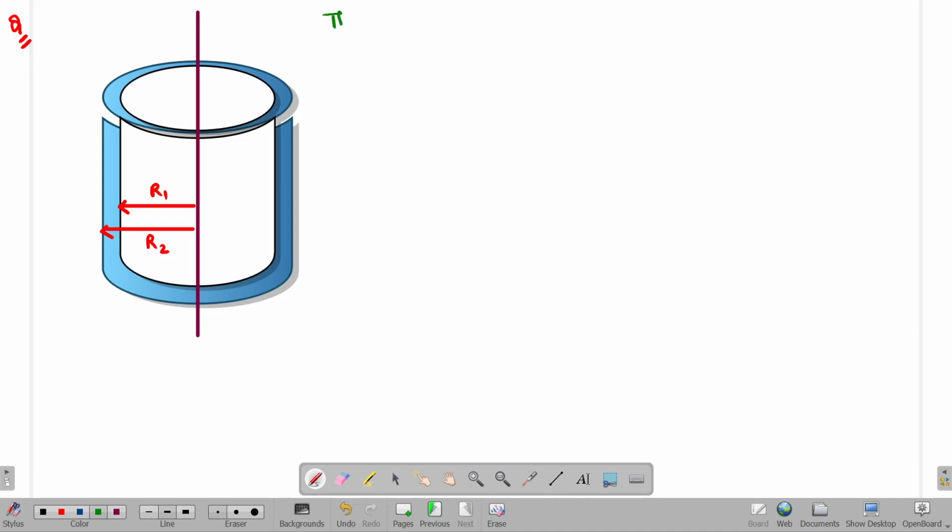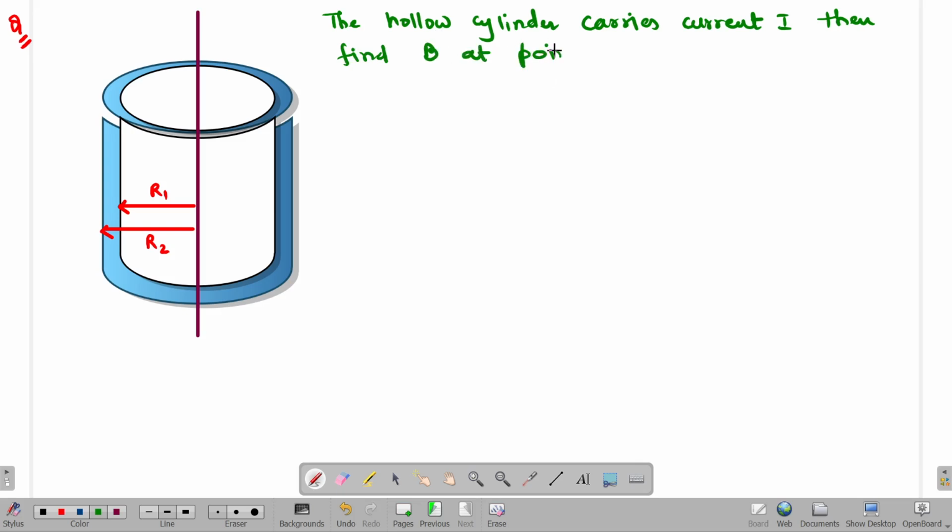The hollow cylinder carries current I. Then find the magnetic field at point P in the first case when r is greater than R2. Second case, r is less than R1.